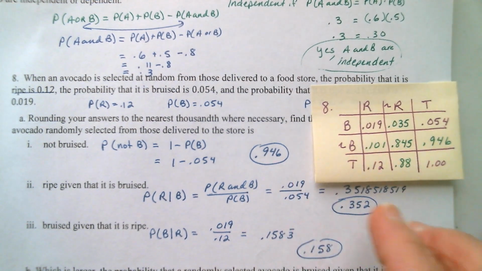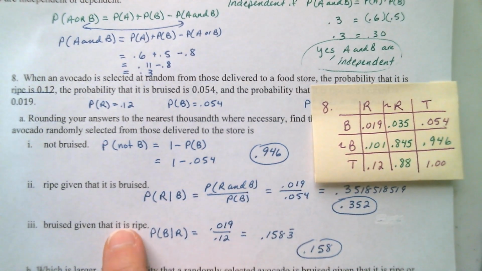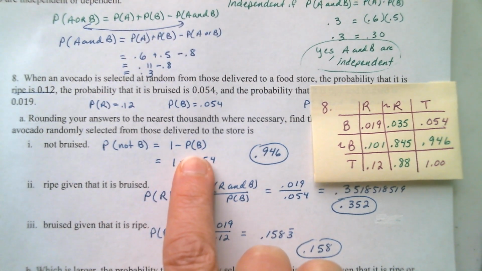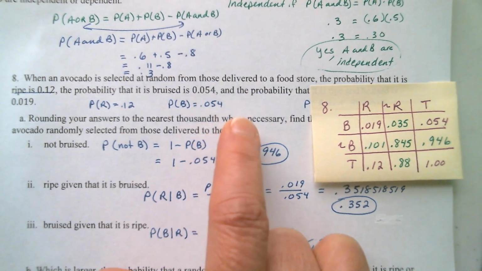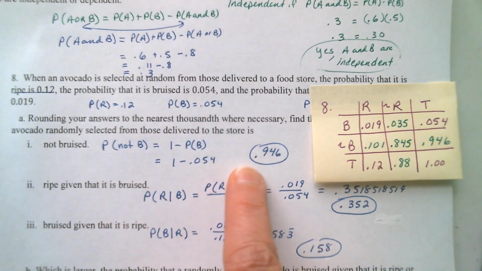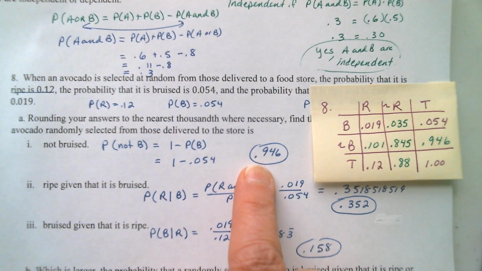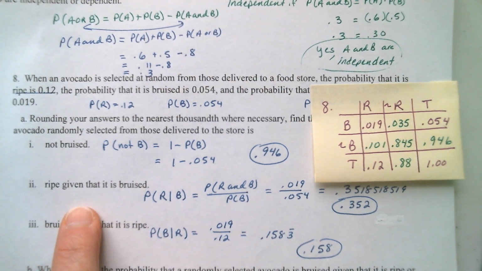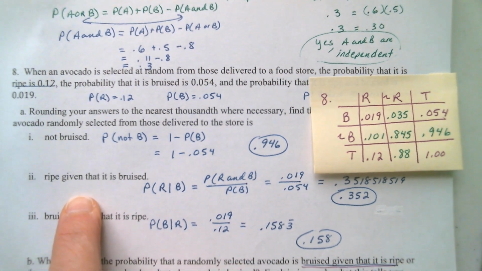Number 8, probability not bruised. That's 1 minus the probability of bruised, and being bruised was 0.04, so it's 0.946. Probability of ripe given that it's bruised.